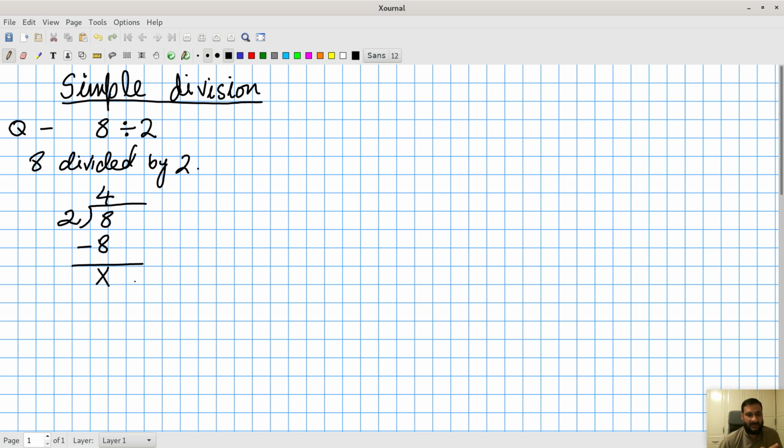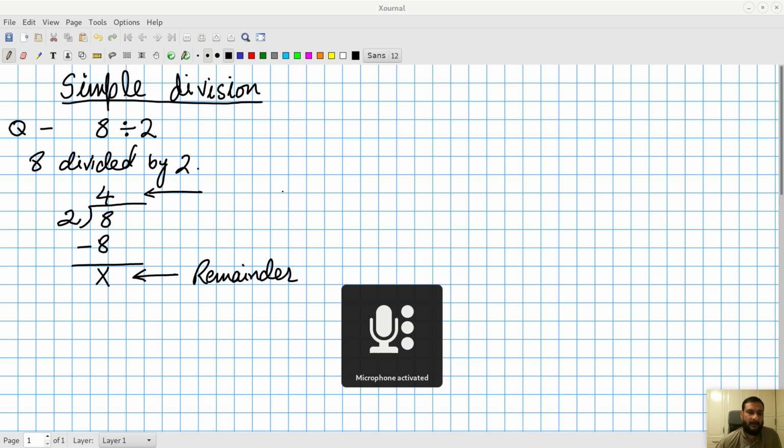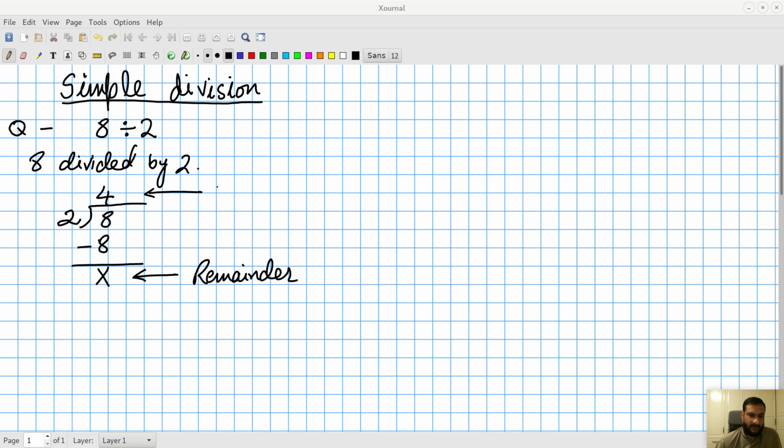So this is always what is called the remainder. This is what was left, and in our case nothing was left. And this is the answer. Its technical name is quotient, Q-U-O-T-I-E-N-T, quotient.